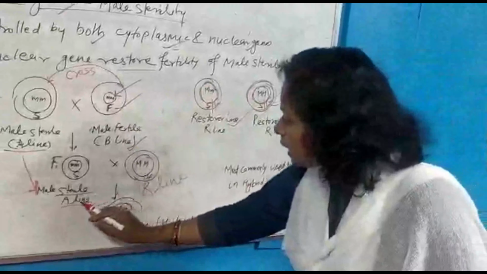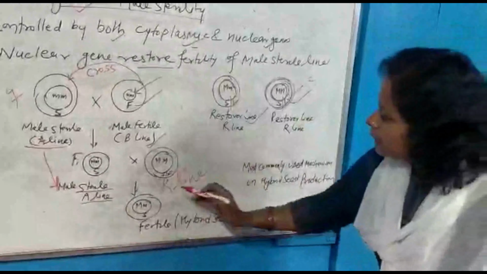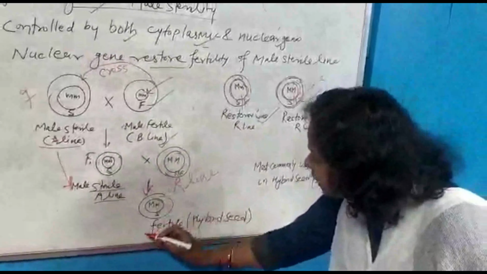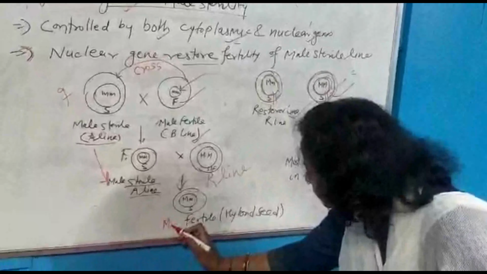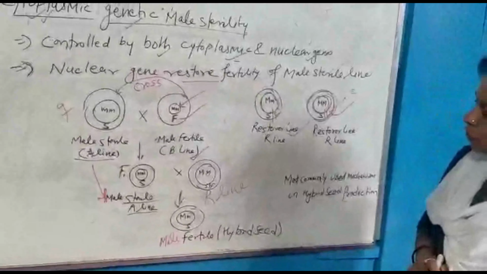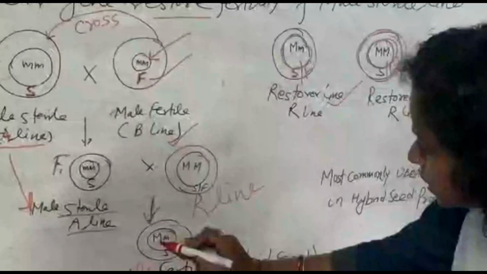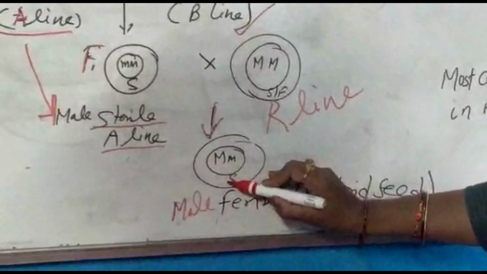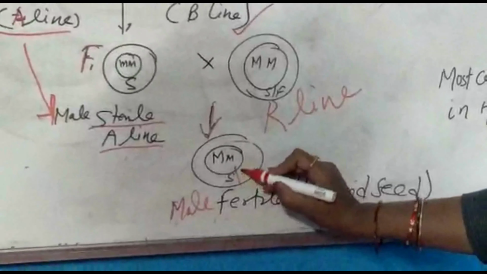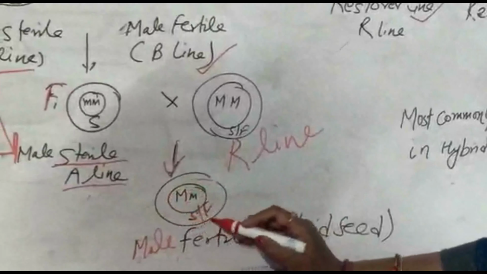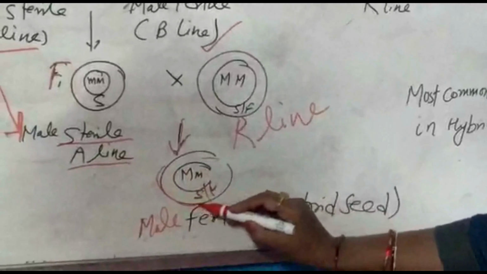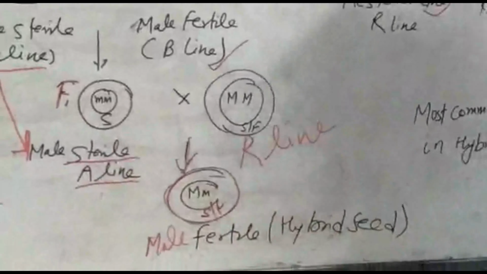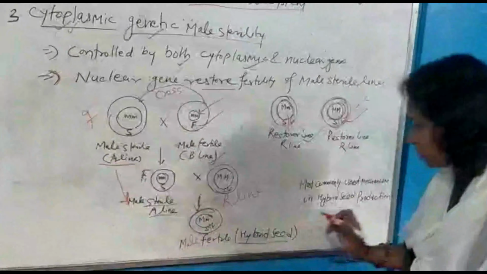When we cross the A line with the R line, we get the male fertile line. The genetic constitution of the male fertile line is capital M or small m, and the cytoplasmic gene may be sterile or fertile. So this progeny we will consider as the hybrid seed.